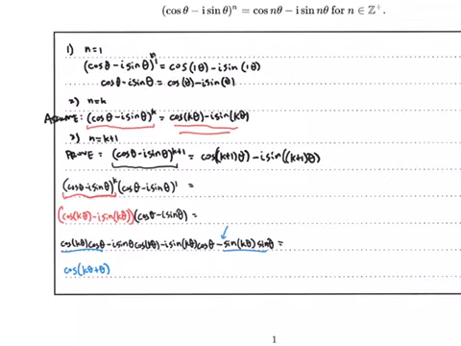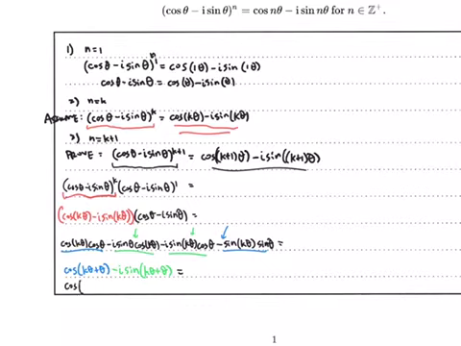All right, and then in this component, I get two imaginaries. I'm going to go minus i, and then sine theta cosine k theta plus sine k theta cosine theta is sine of k theta plus theta. Now we are almost where we want to be. Of course, we wanted to show this, so we can factor out a theta in both of these terms.